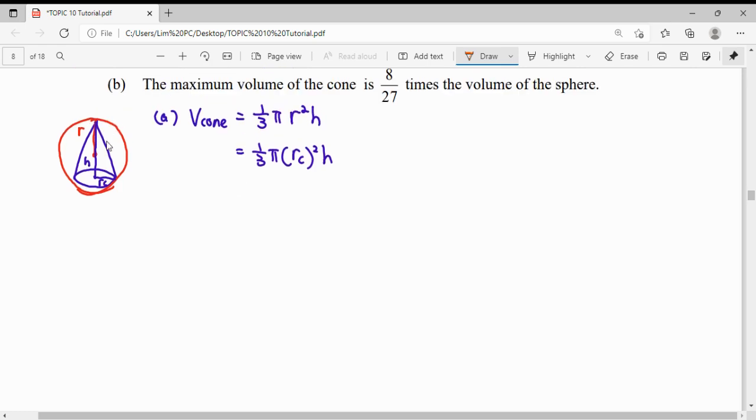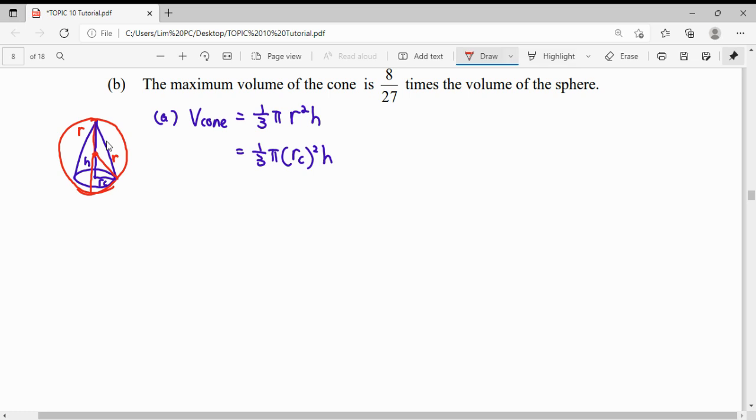We can see in our diagram here, this is the center of the sphere, so if I draw it to the vertex of the cone, it will be our radius. When I draw it to the bottom here, it is also our radius.